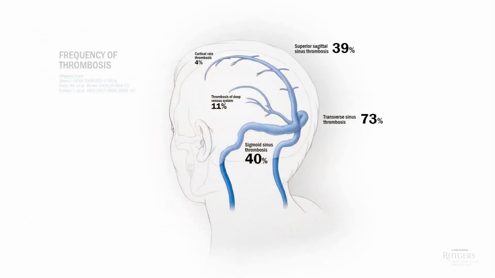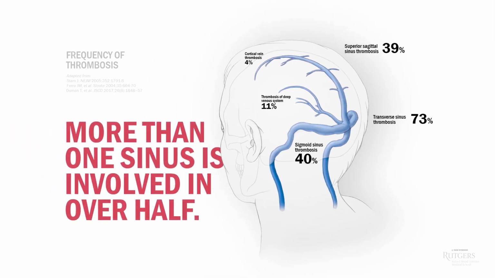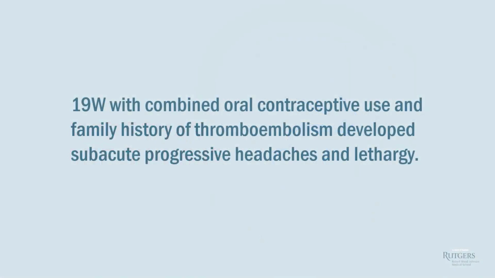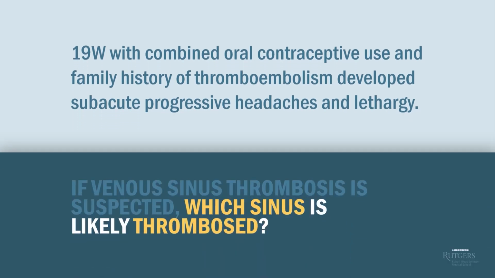The frequency of thrombosis in various sinuses varies from study to study, but one thing is clear. More than one sinus is thrombosed in over half the patients, so the clinical picture may actually be complex. That being said, in our 19-year-old woman with subacute progressive headaches and lethargy, if venous sinus thrombosis is suspected, which sinus is likely thrombosed?